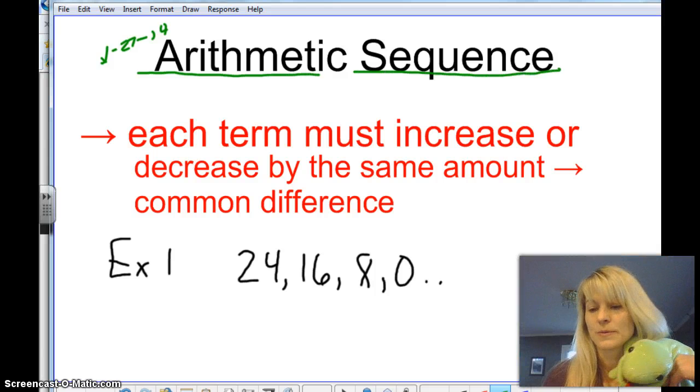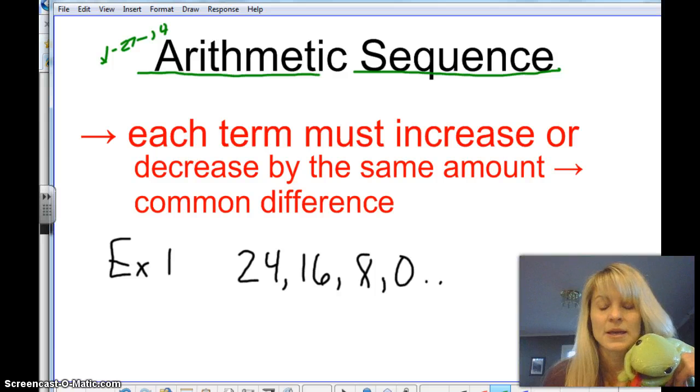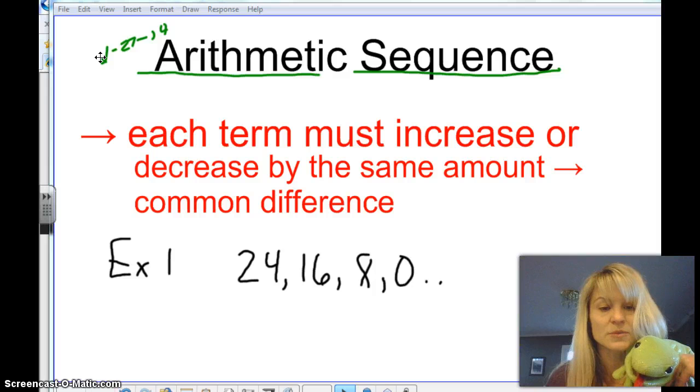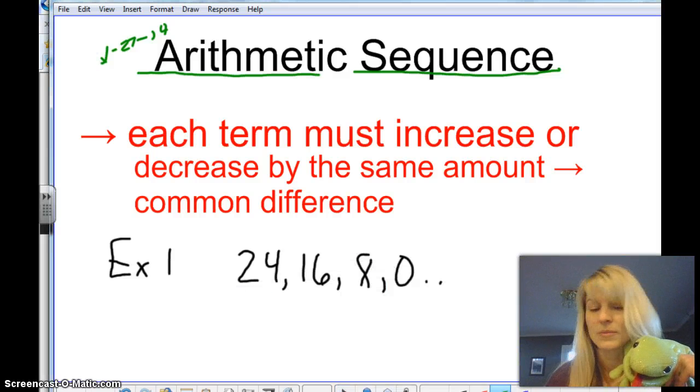And you should have found when you were going through your sequencing that some of the sequences are either added by the same number or subtracted by the same number each time. So that's called an arithmetic sequence. Each number, or each term, these down here are called terms. This is a term, that's a term, just like when we're doing polynomials.